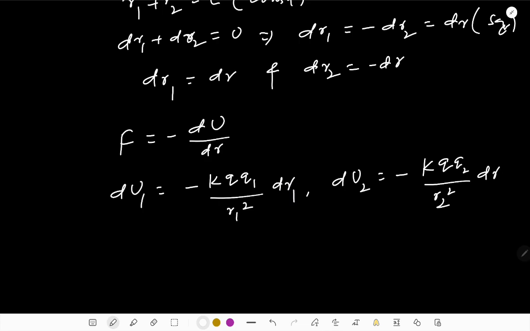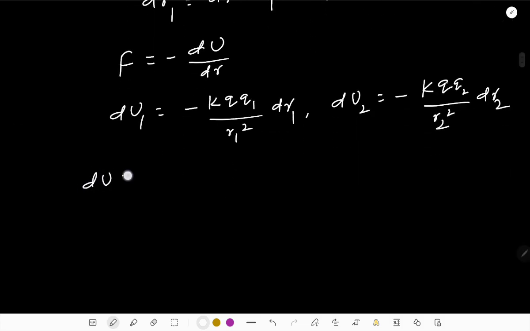This is basically dr1 and this is basically dr2, because in the first case the distance is r1, so I write dr1, and in the second case the distance between them is r2, so the small displacement in r2 can be represented as dr2.